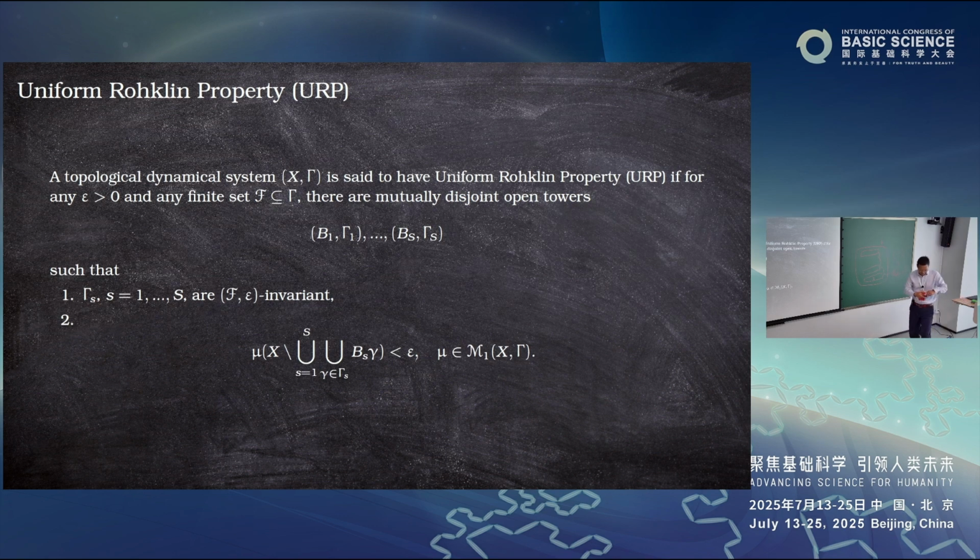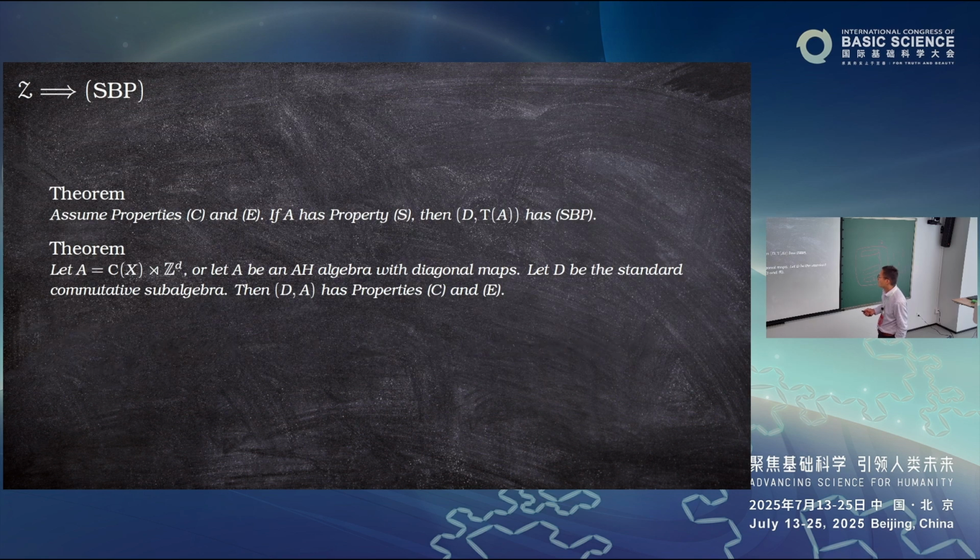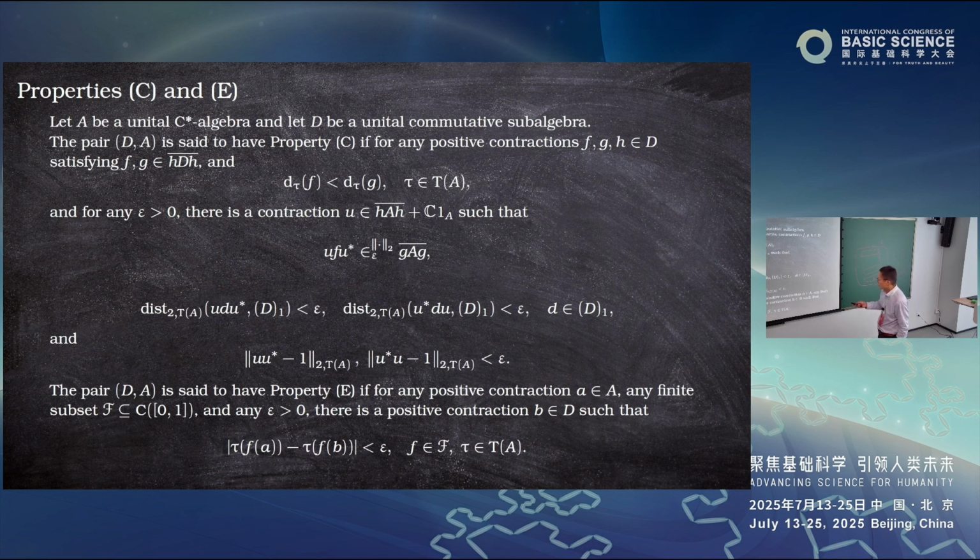Because all we care about is the trace norm, the leftover is small. So roughly, you reduce the problem of the whole space into the towers, which just correspond to matrix algebras over the base. The size of the matrix algebra is the height. Yes.